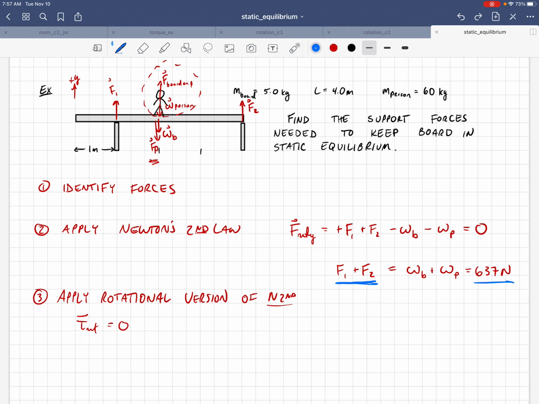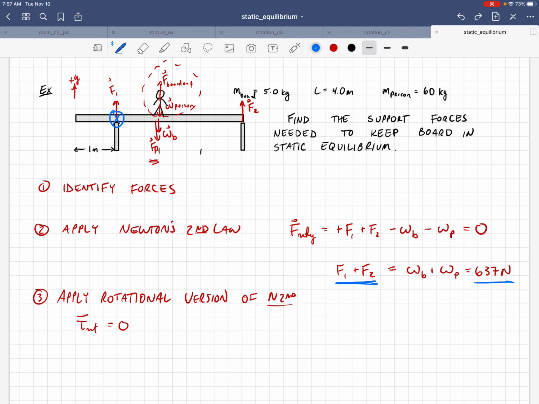The way that we typically do this is we pick a rotation point that's at the location of one of the forces that's unknown. So in this case, I've got 2 options. I could pick over here as my rotation point, or I could pick over here. So I'm going to pick the first one that I've identified.